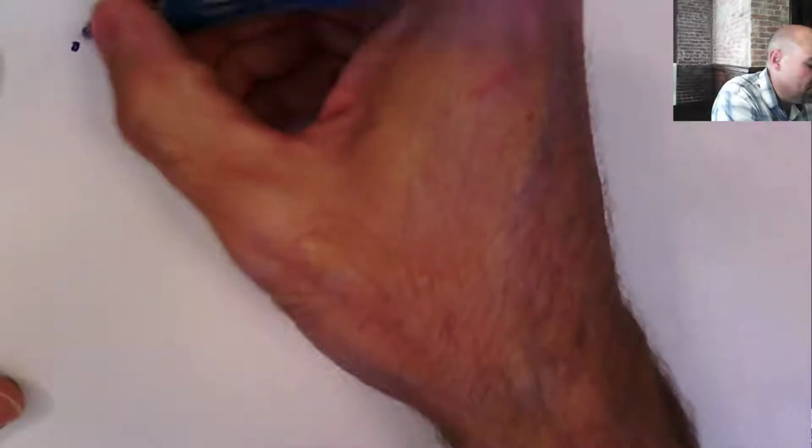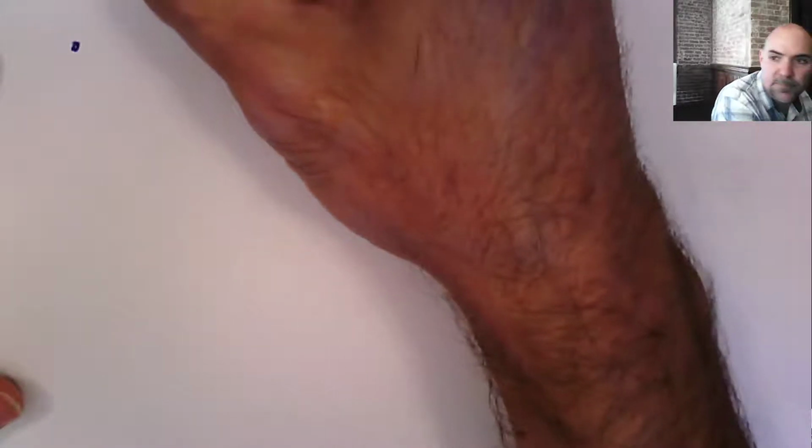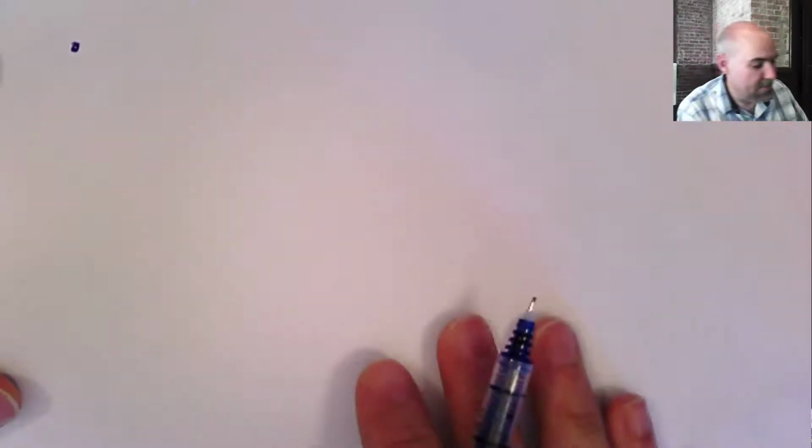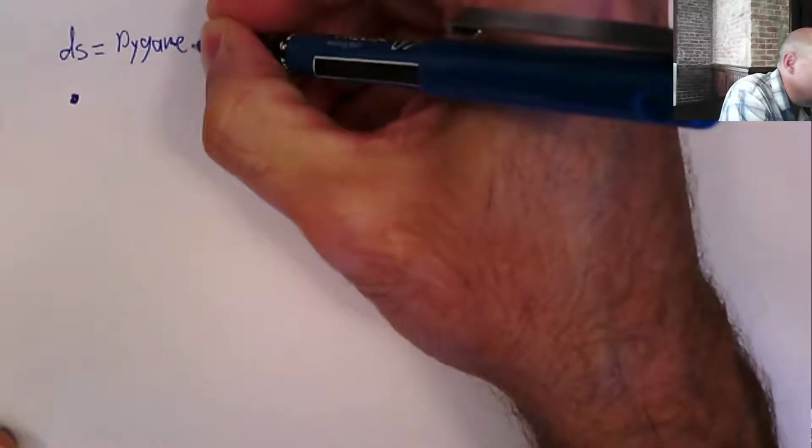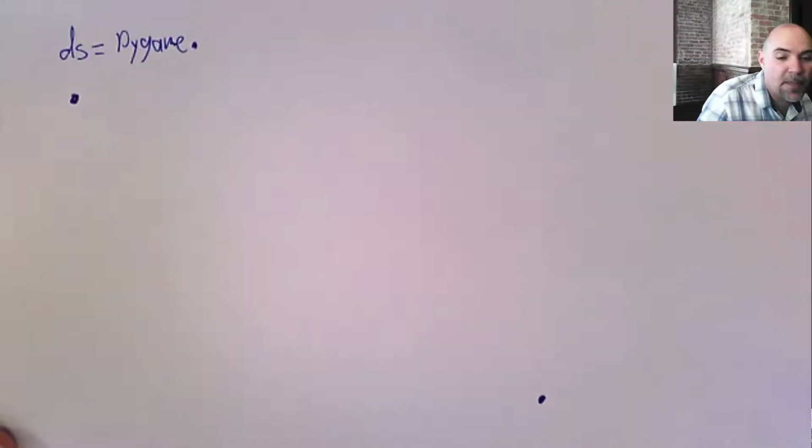So when I say ds = Pygame, oh, you can't see that. All right, I can't fit all that on there. ds = Pygame dot. And as a reminder for how we're doing this, remember that we need to have that display surface before we can do anything else.